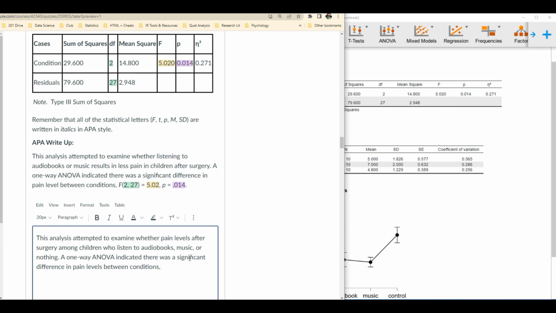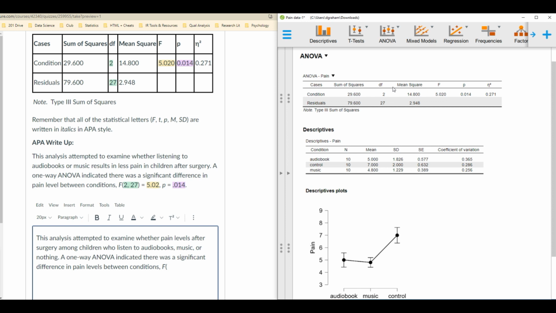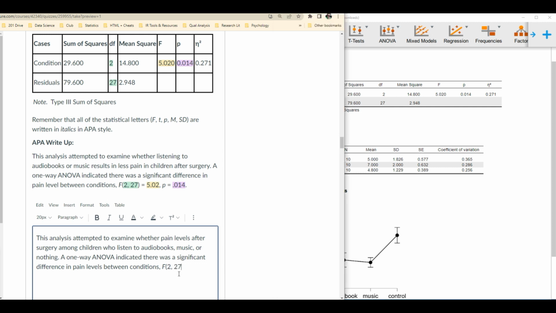And our evidence for that is in italics, F, and then take it off, open parentheses. I'm going to indicate my degrees of freedom from the top table in my output. Start with the one on top and then go to the one on bottom. So 2, 27.